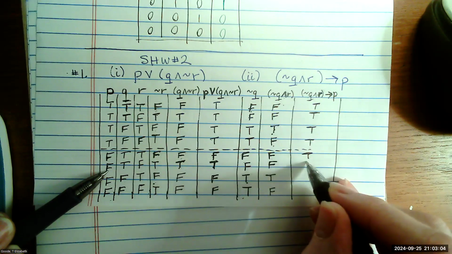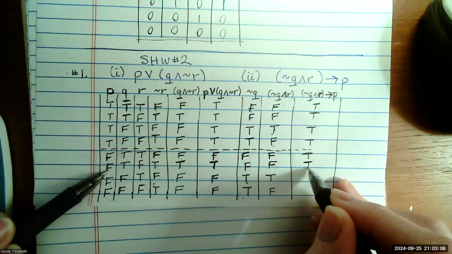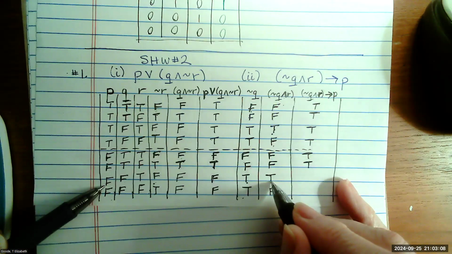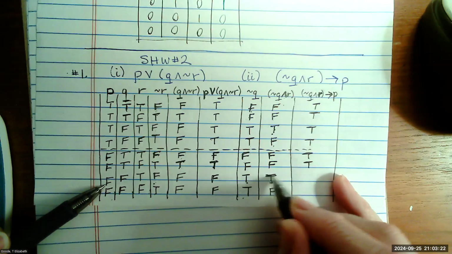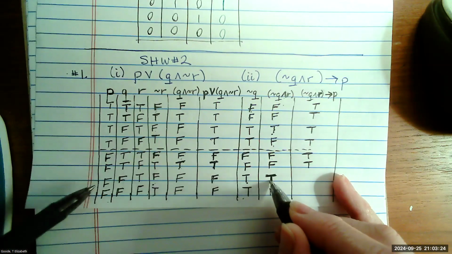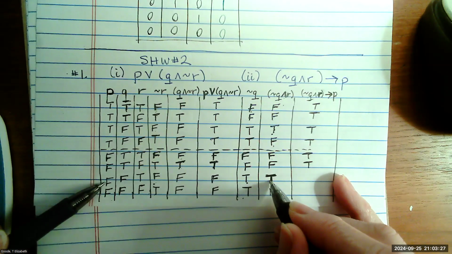How about row 6? True. Good. What about row 7? So this is going to become true. What? This is the one time it fails. True hypothesis. If the hypothesis is true, we have to check that the conclusion followed.